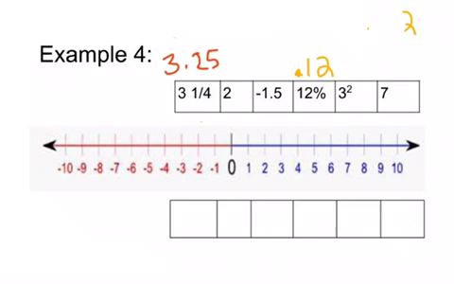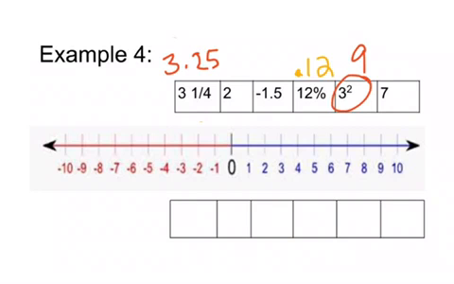And then we have another one that looks kind of strange. It's 3 with a little 2. Well, that's 3 to the second power, or 3 times 3. You also can put that in the calculator, but 3 squared is 3 to the second power. It means 3 times 3, and that is 9.